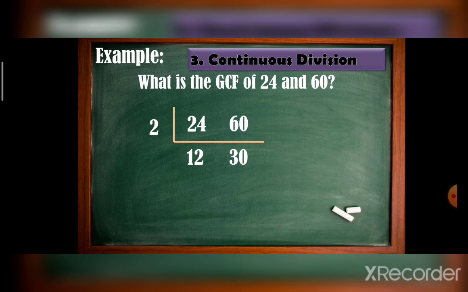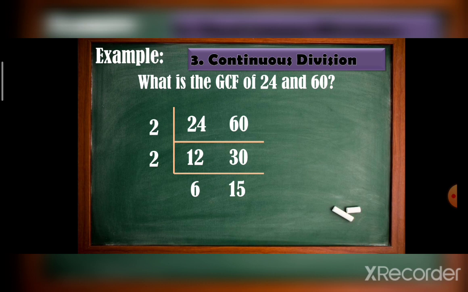Again, mag-iisip ulit tayo ng number na pwede nating i-divide kay 12 at kay 30. So, ano bang number ang pwede nating i-divide kay 12 at kay 30? Or, yung prime number natin na pinaka mababa, which is 2. 12 divided by 2 is 6, and 30 divided by 2 is 15.